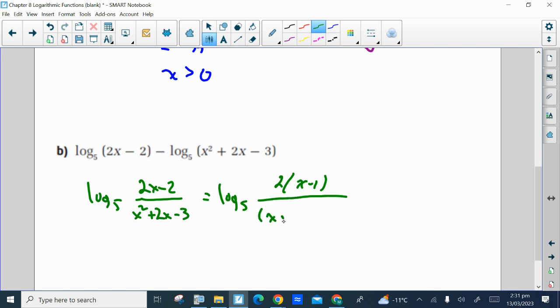And on the bottom, x plus 3, x minus 1. And you factor them. So by doing this, you can see that the x minus 1s will cancel. So this simplifies, and you're left with log base 5 of 2 over x plus 3.